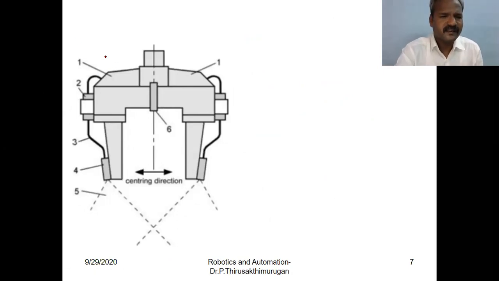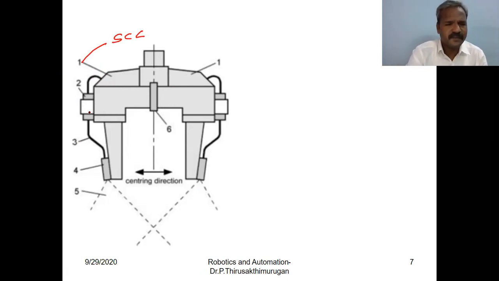One is the signal conditioning circuit. Two is the adjustment mechanism for the robot. Three is the fiber optic cable. Four is the sensor.